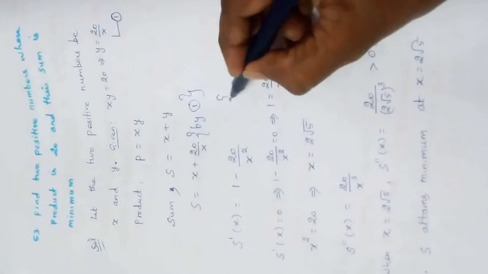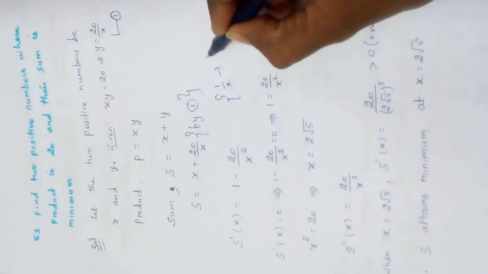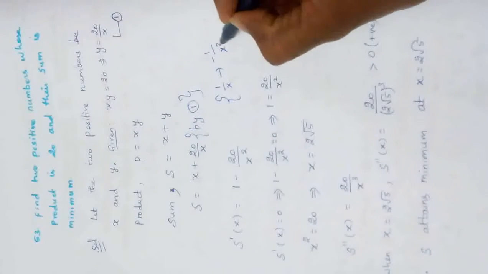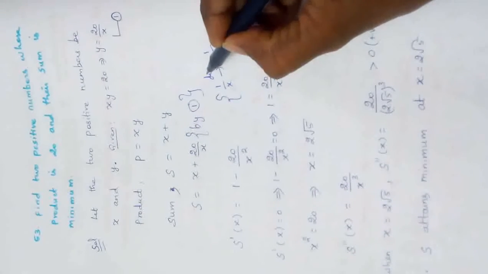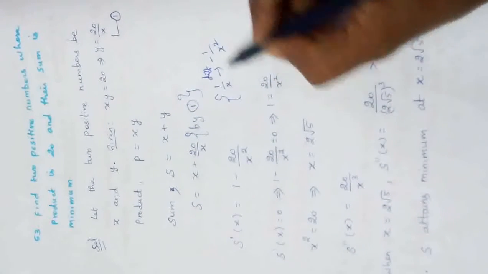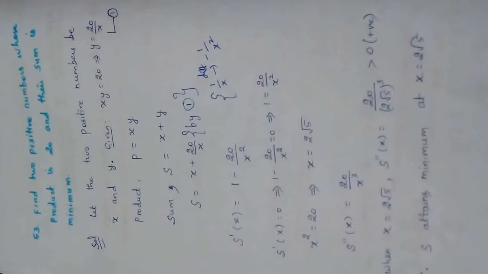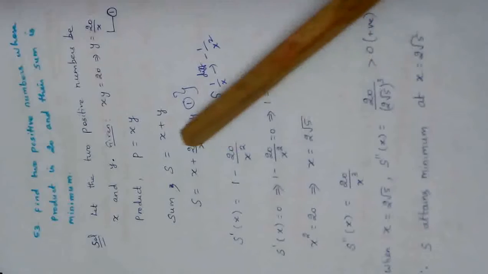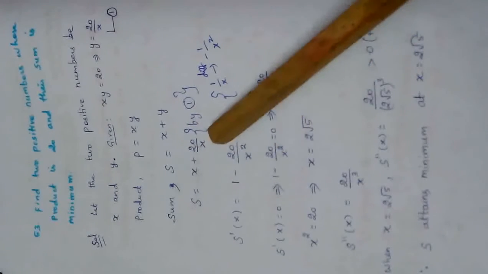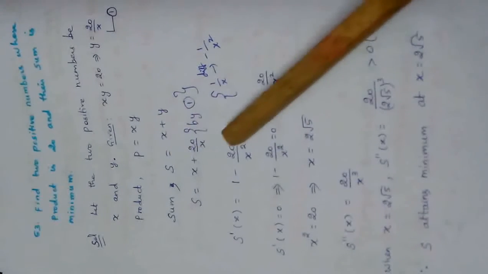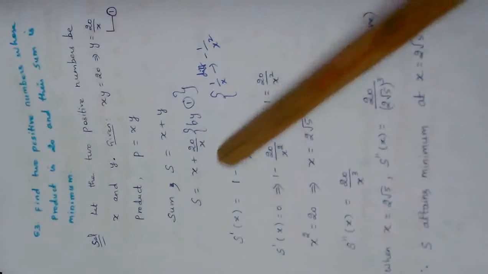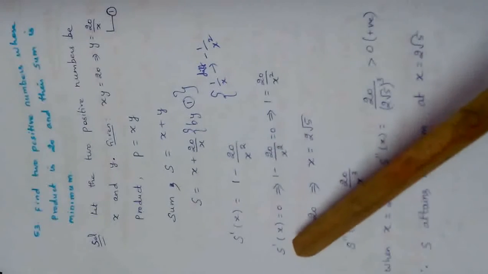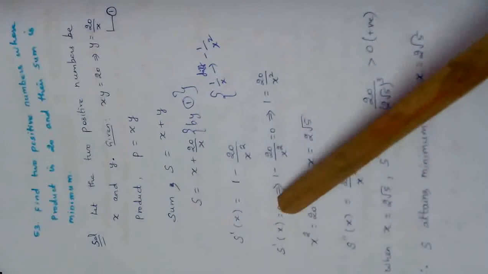I am going to write the answer here. 1 by x, if I am differentiating, the answer is minus 1 by x square. This is differentiation answer. 1 by x differentiation answer is minus 1 by x square. So applying that here, 1 by x becomes minus 1 by x square. That 20 will stay. So this is first derivative. What we will do? Put equal to 0. First derivative equal to 0.